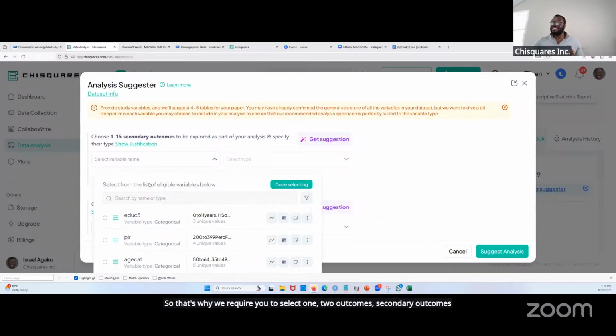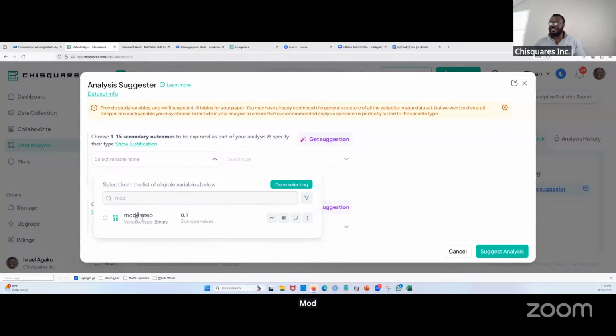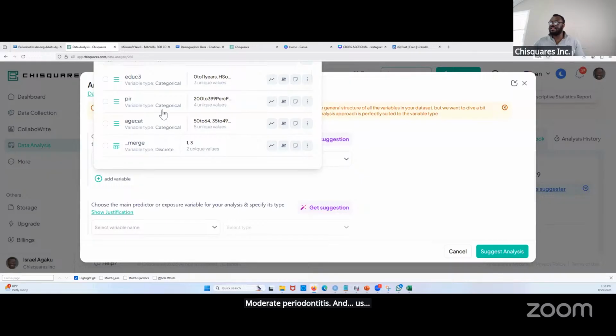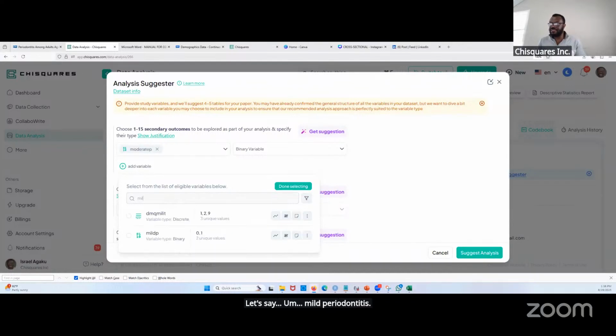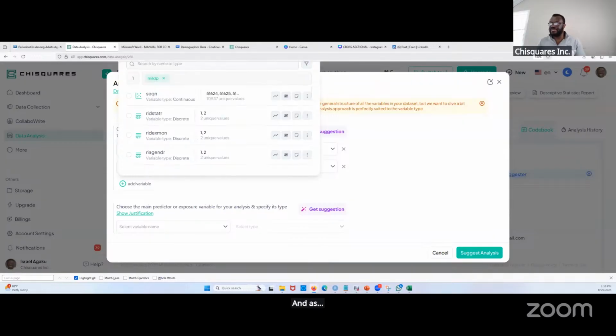So here, let's say that I select my secondary outcomes as moderate periodontitis and, let's say, mild periodontitis and any periodontitis.